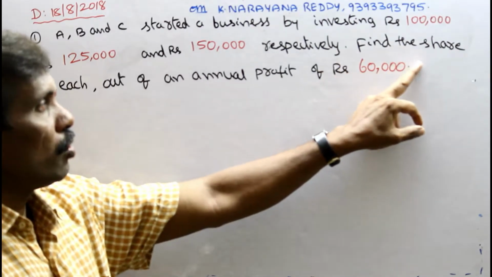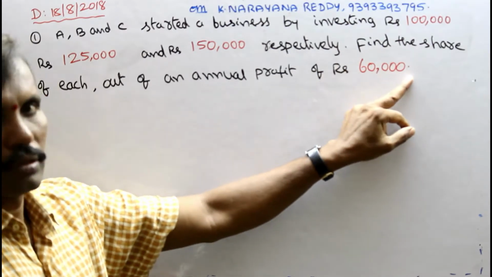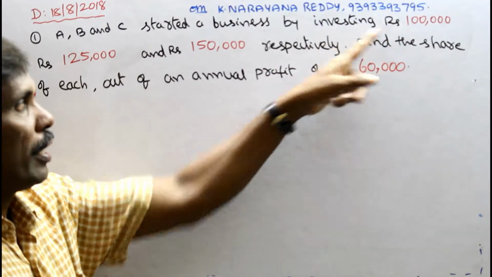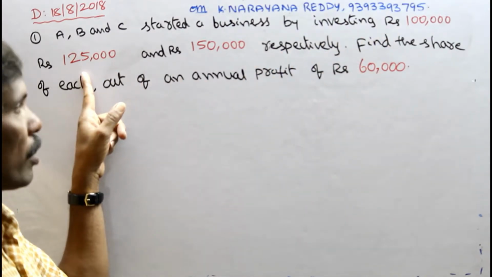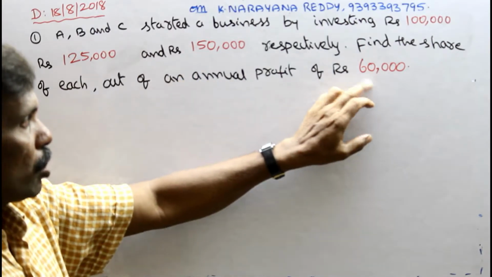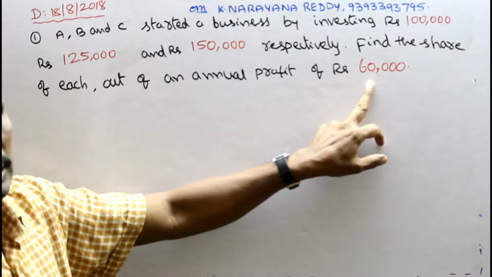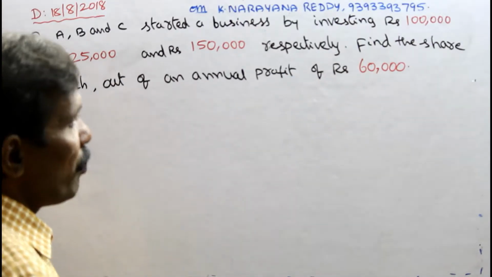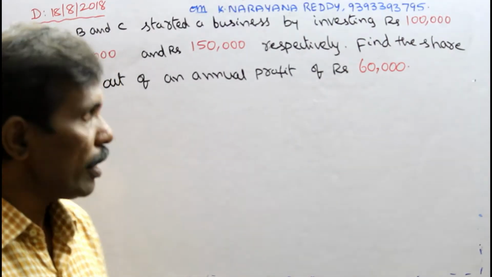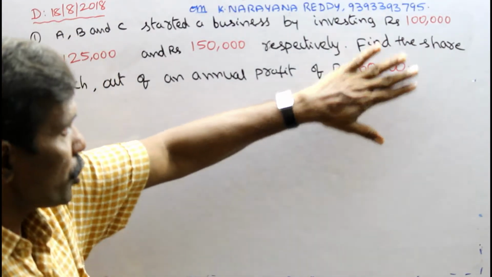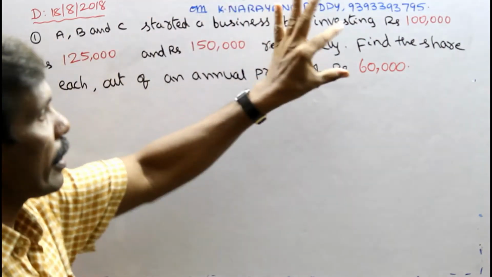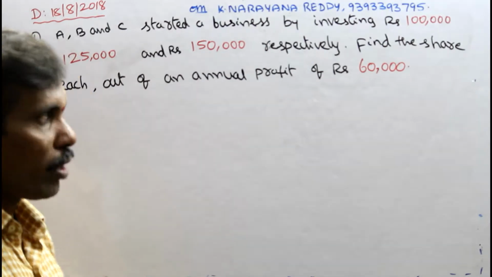They got a profit of 60,000, whether annually, half yearly or over 2 years, depending on their agreements. So these 60,000 have to be shared between the three partners depending on their capital investments.